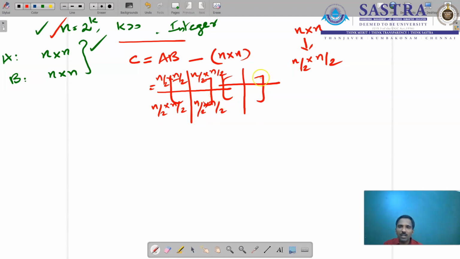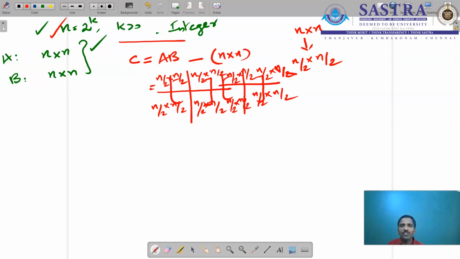In the same way for matrix B, each submatrix is also of order n by 2 by n by 2.